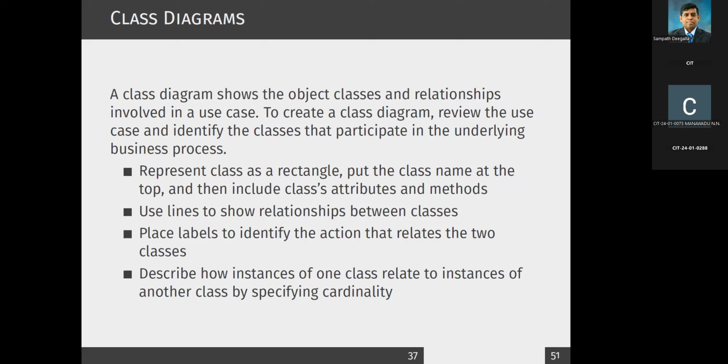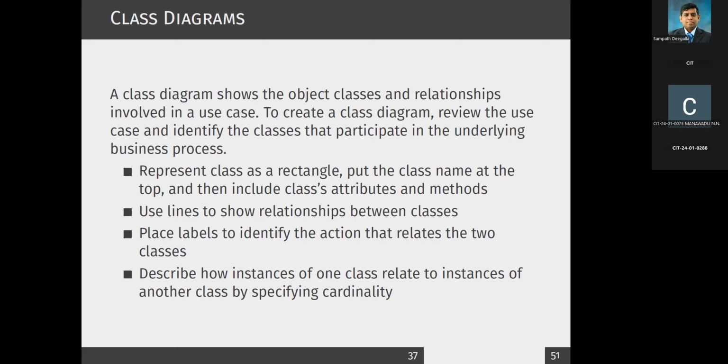And then whenever we want to represent any relationships, we have to draw lines. And then once you do that, you can make labels. For example, how do you relate this? Let's say we have a member, and then we have a book.